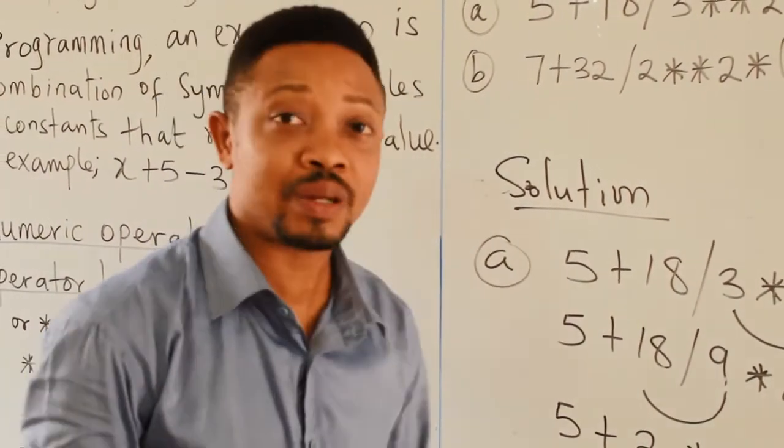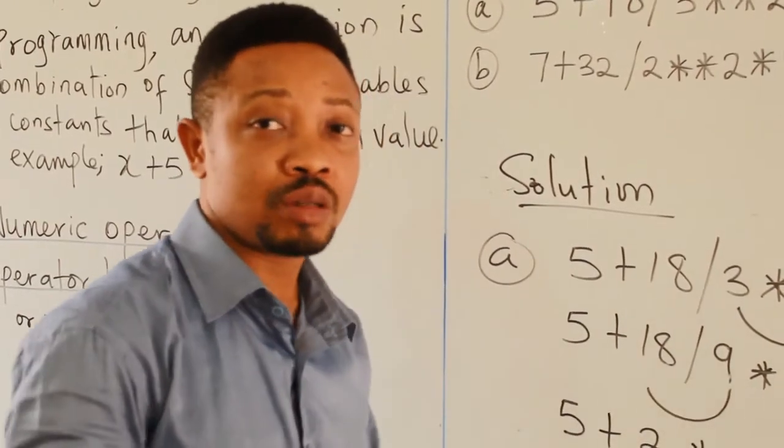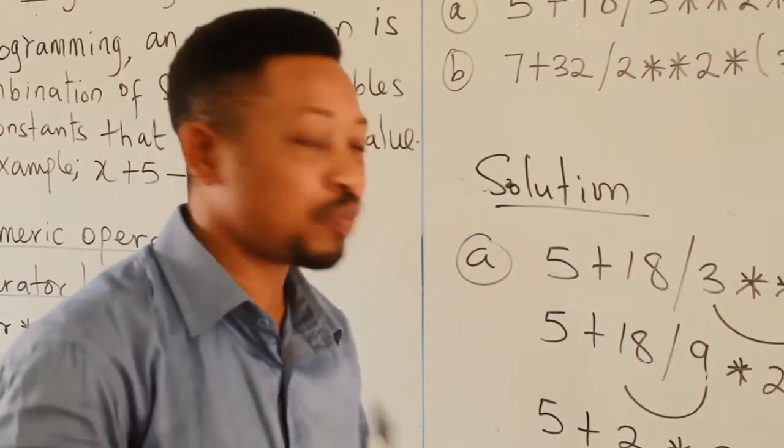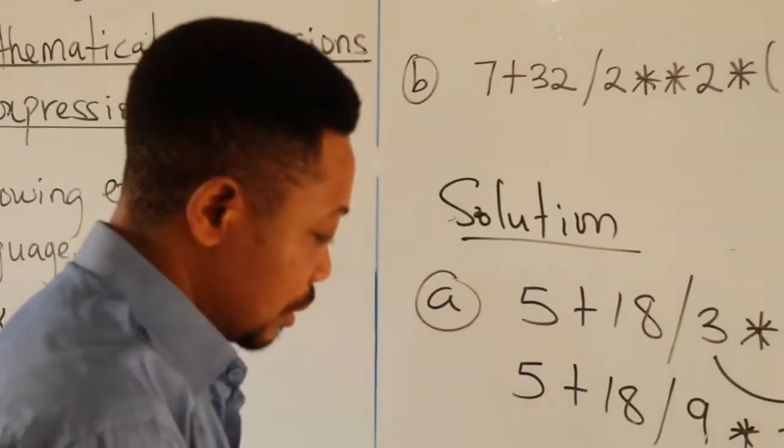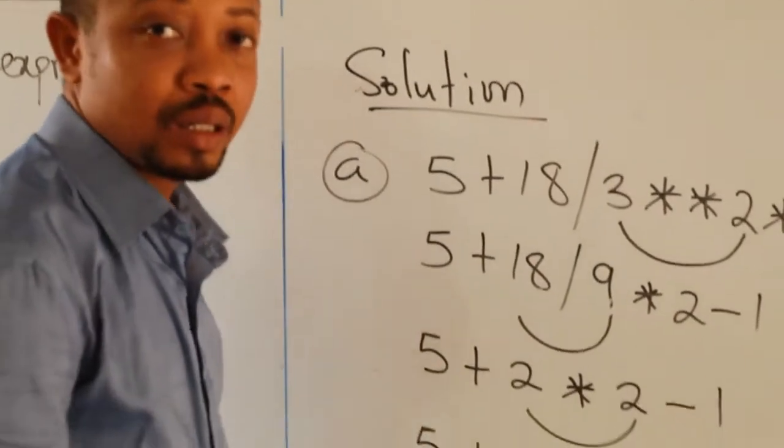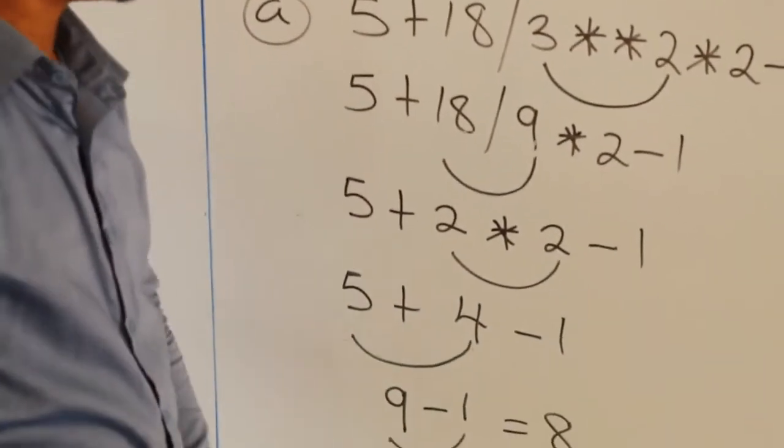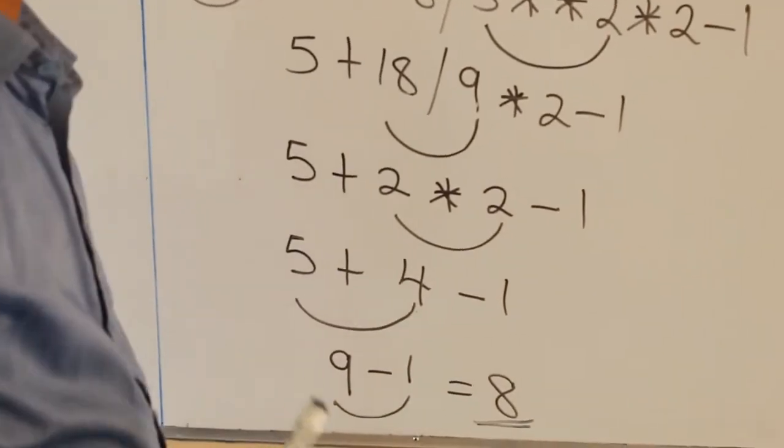And I said earlier that precedence is simply order of hierarchy or order of priority. And 9 minus 1 gives us 8. So that is the answer to the first question.